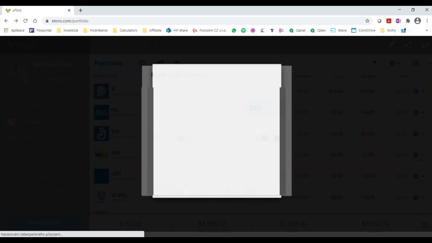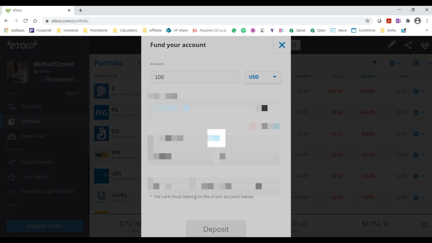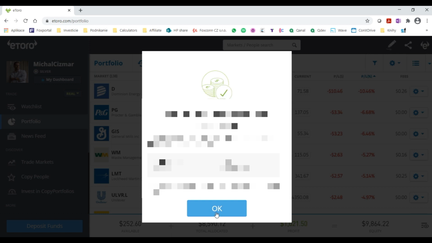To be honest, I'm not sure if there will be some SMS code needed, which I was pretty surprised that there was no SMS code needed for Revolut to eToro. Okay, deposit, and it's there, already confirmed also by my bank.